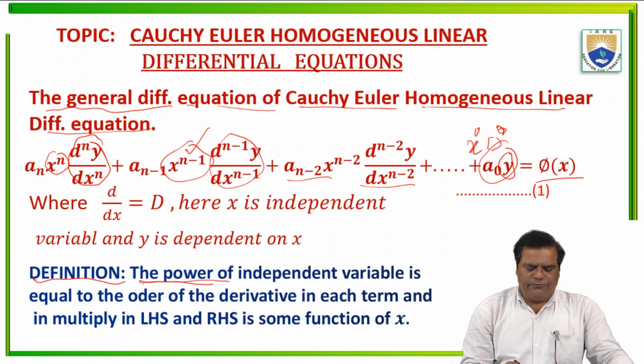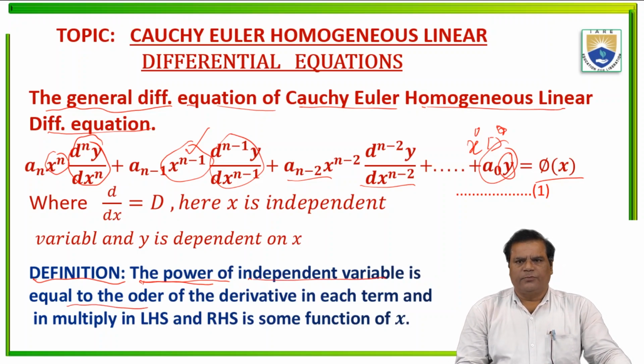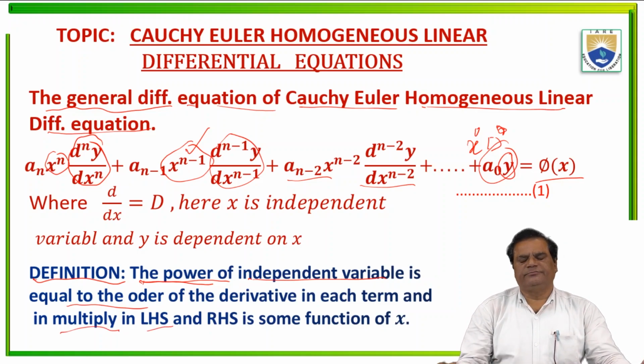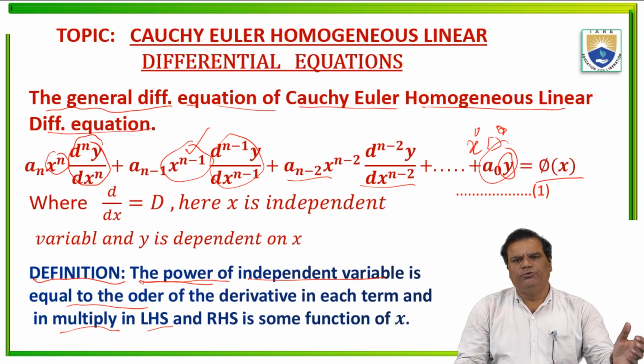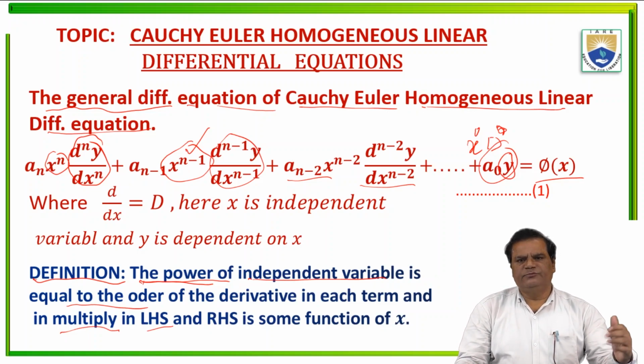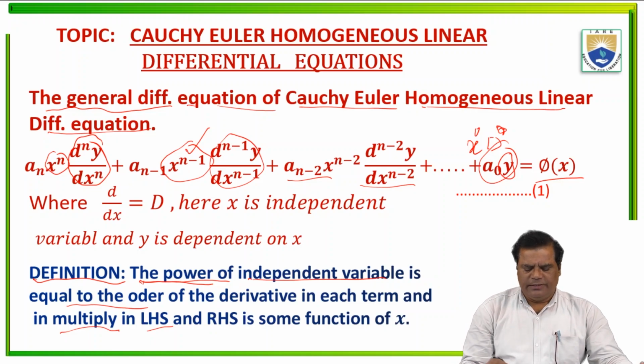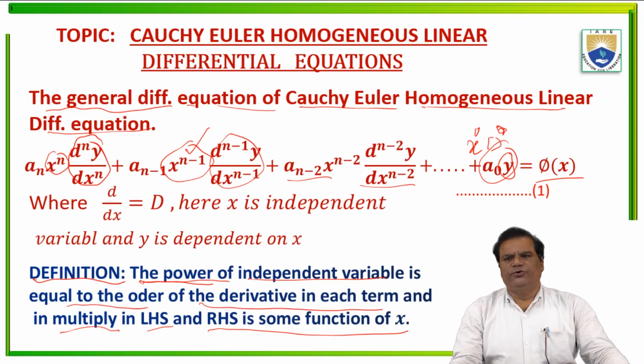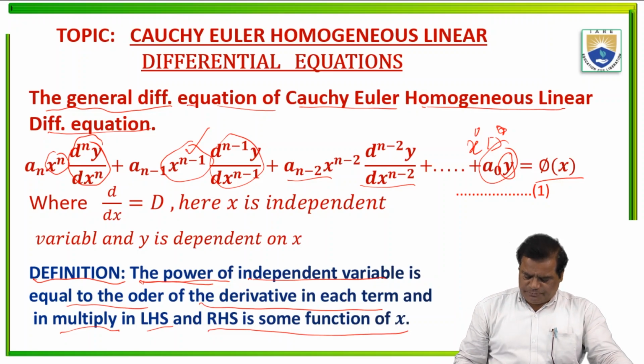The power of the independent variable is equal to the order of the derivative in each term on the left-hand side, from the first to the last term. All terms verify this property, and the right-hand side is some function of x. Such a differential equation is known as a Cauchy Euler homogeneous linear differential equation.